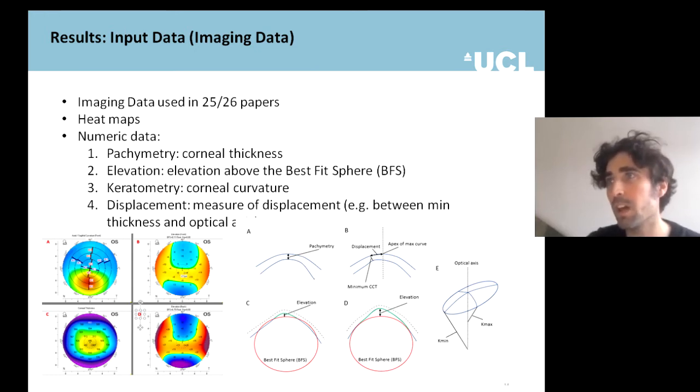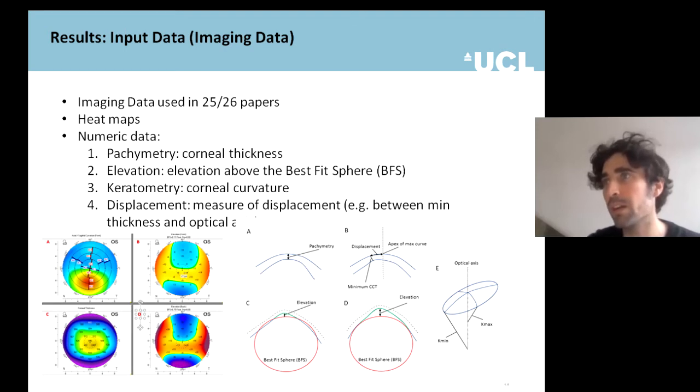These are interpolated or synthetic images of the cornea, showing you relevant areas of curvature in this case, and this is thickness, and this is elevation, so what the surface of the cornea looks like.